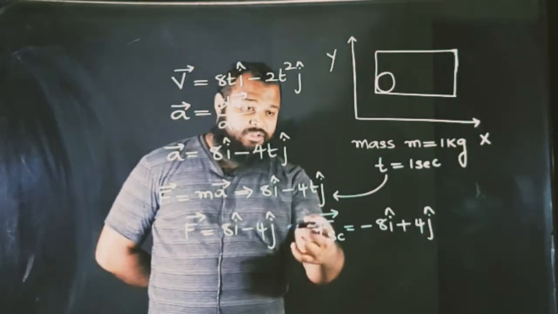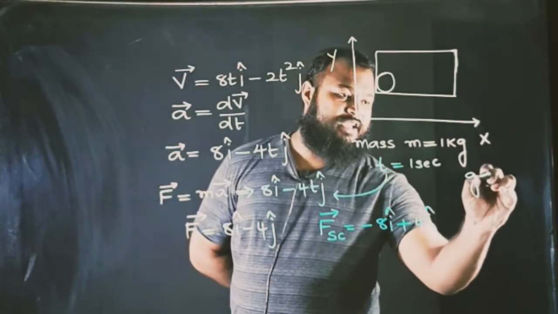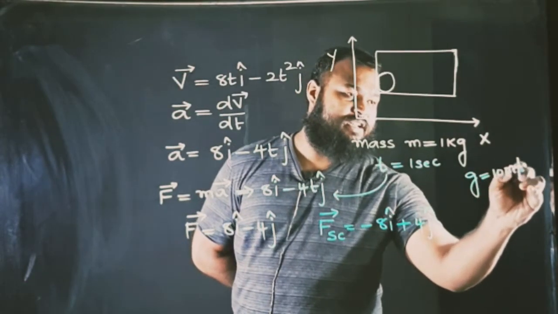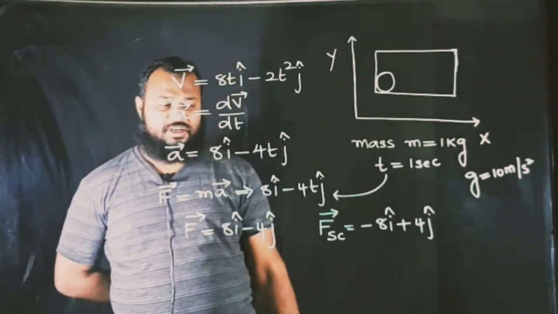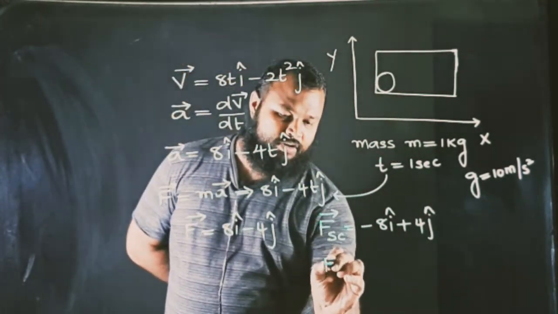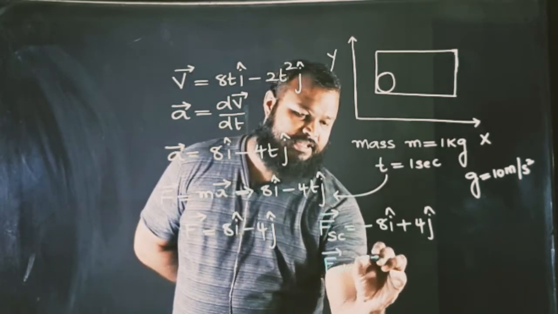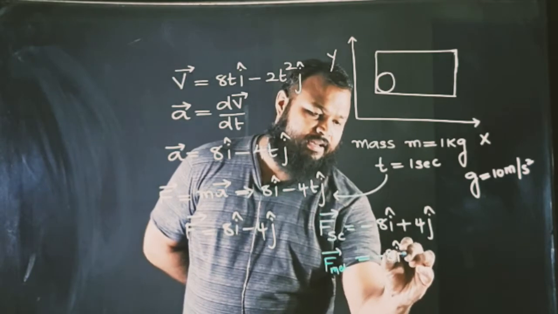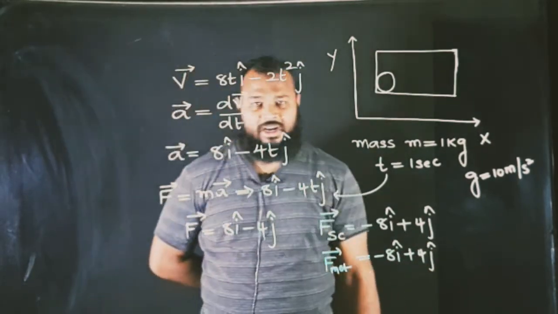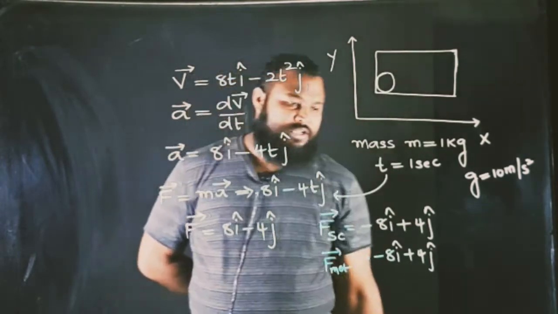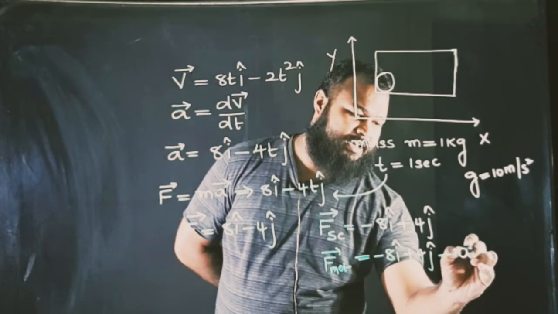So in addition to this force, there is also gravitational force. Because g is supposed to be taken as 10 meter per second square, that's the hint that gravitational force is also present. So the net force is minus 8i plus 4j, and we know gravitational force is mg, it acts vertically downwards, so it has to be minus, m is 1 and g is 10, so it becomes minus 10 j cap.